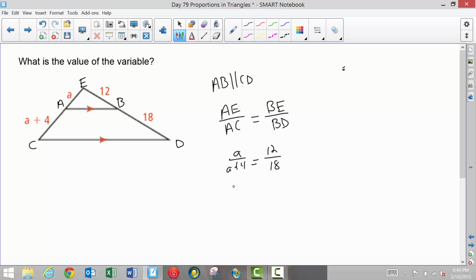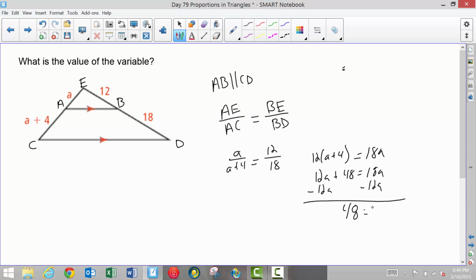So when I cross multiply, I have 12 times A plus 4 equals 18A. Distribute, I have 12A plus 48 equals 18A. Minus 12A from both sides. So I have 48 equals 6A. Divided by 6, and I get A is equal to 8.